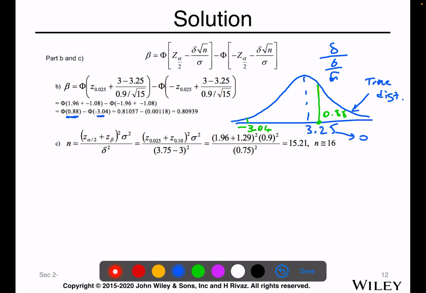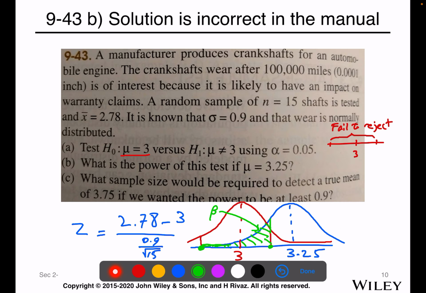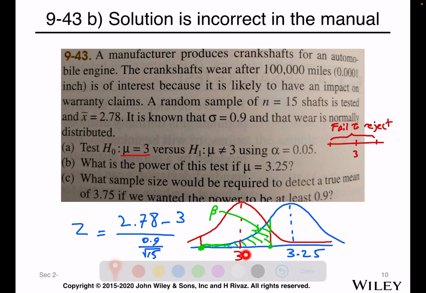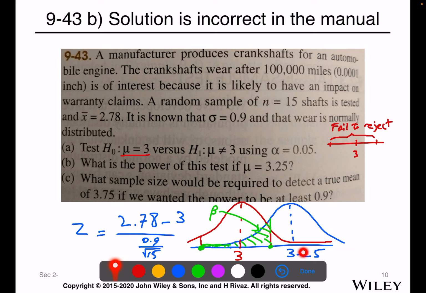This is a little bit unusual because, as I showed in the previous slide, usually this guy appears on the left side of the true mean. Here it is on the right side because the true mean is very close to the null hypothesis. If I go back, the null hypothesis is 3, the true mean is 3.25, and our sigma is quite large, 0.9.